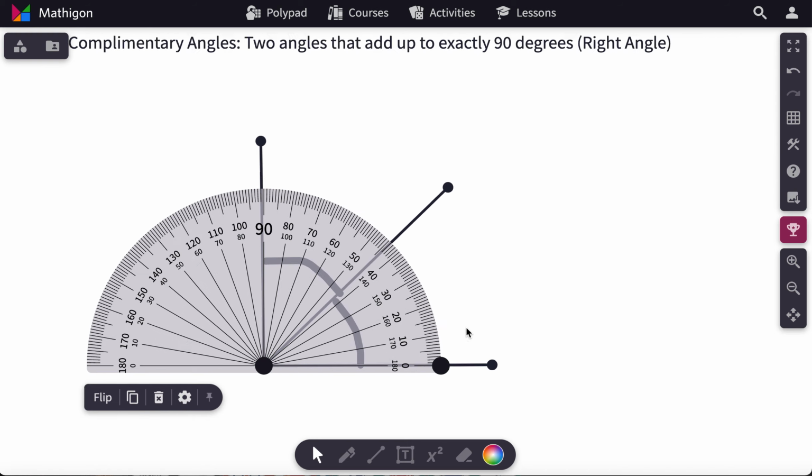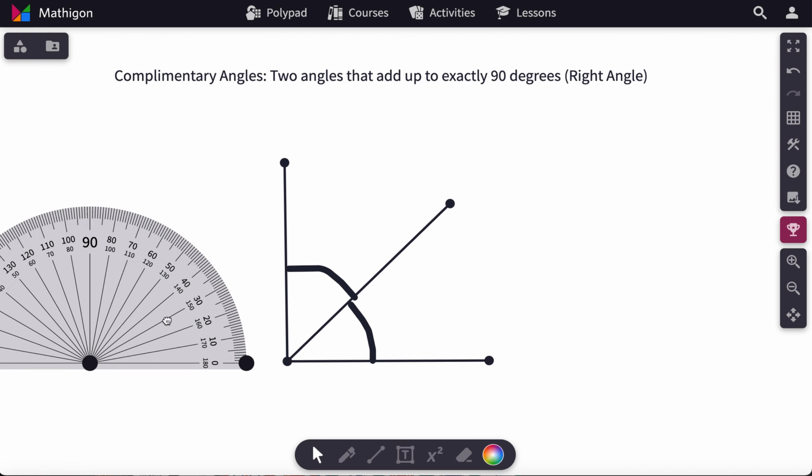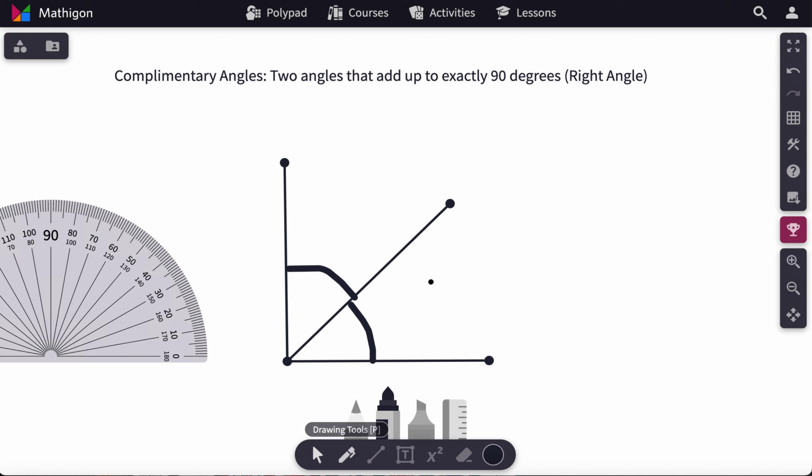So I'm just going to zoom out slightly, and I'm going to write 44 degrees. Now, we know that complementary angles are two angles that, when added up, they give us 90 degrees.